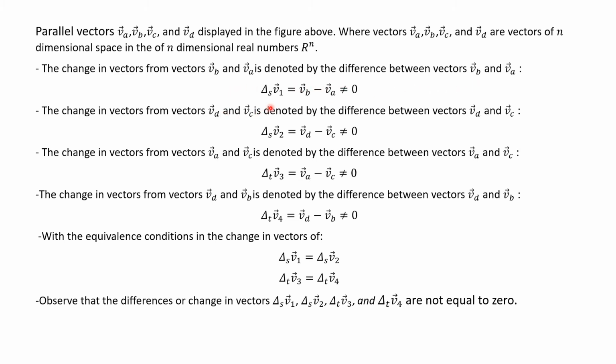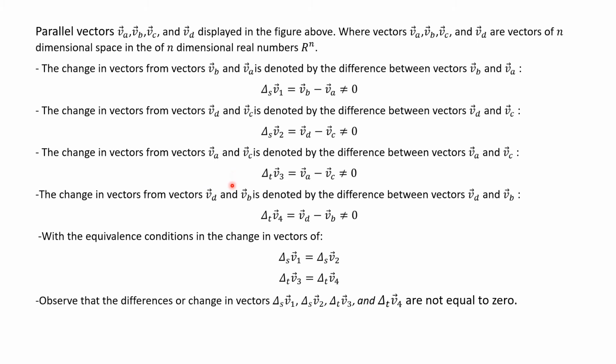So we have this difference here, which is non-zero. We notice a non-zero value. The change in these two vectors here is denoted by the difference right here, which equals a non-zero number. And the change in the vectors VA and VC, you see this is VD and VC, which correspond, so you can actually rewind to the previous slide where these vectors are displayed on the figure.